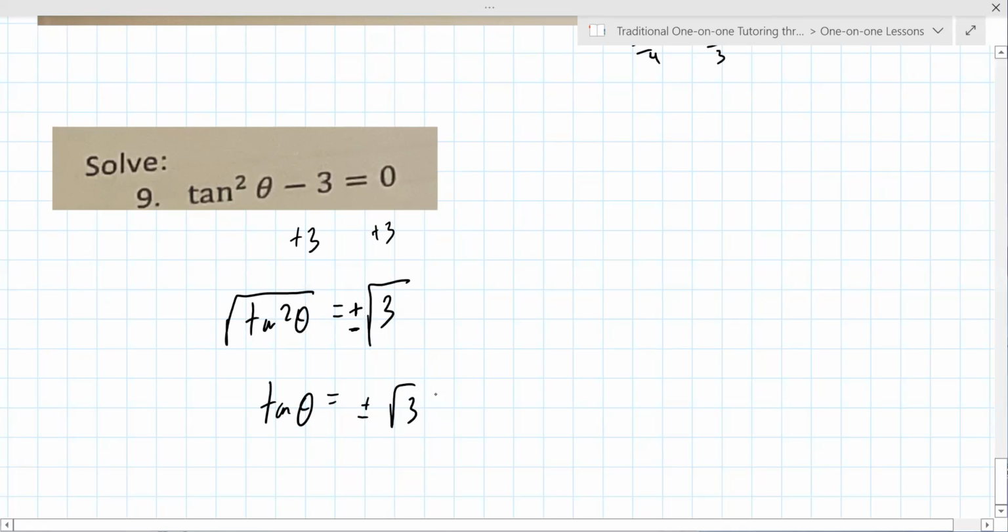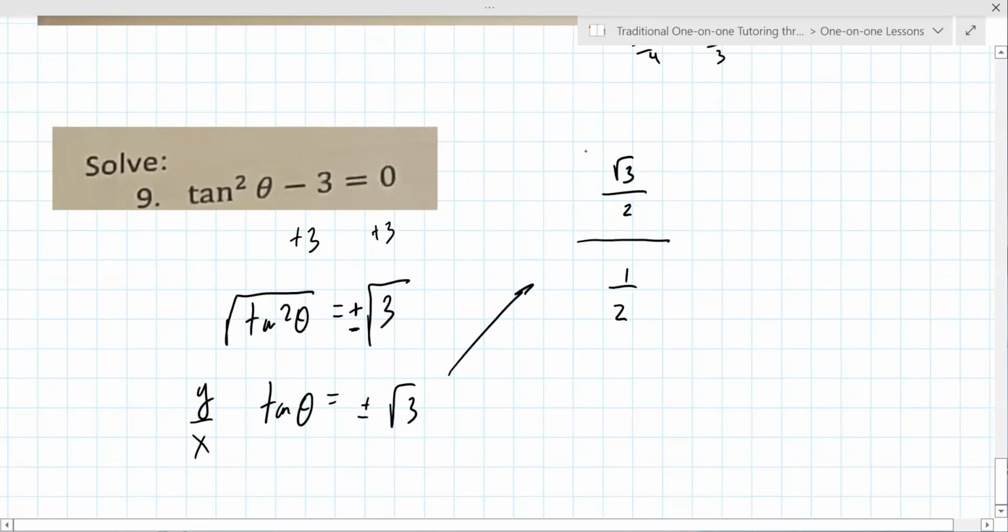Now, this is not on the unit circle. If you look at your unit circle, there's no place where there's a square root of 3, and that's because it's tangent. Tangent is always y over x. So you have to know how you even get a square root of 3. You get it by doing square root of 3 over 2 times 1/2.